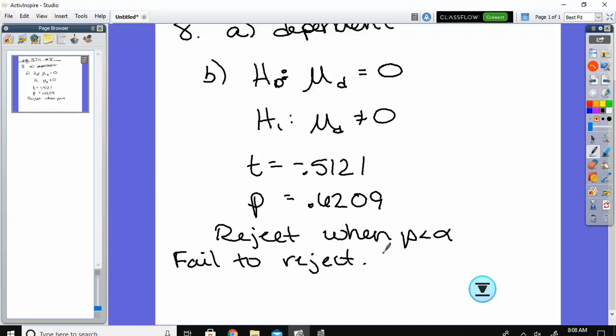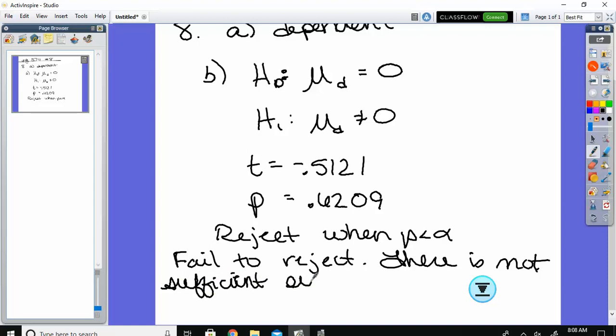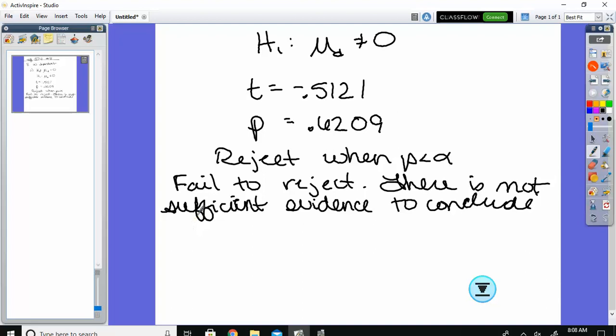If I ask for a sentence, it means there is not sufficient evidence to conclude that we're looking at height and arm span are different.